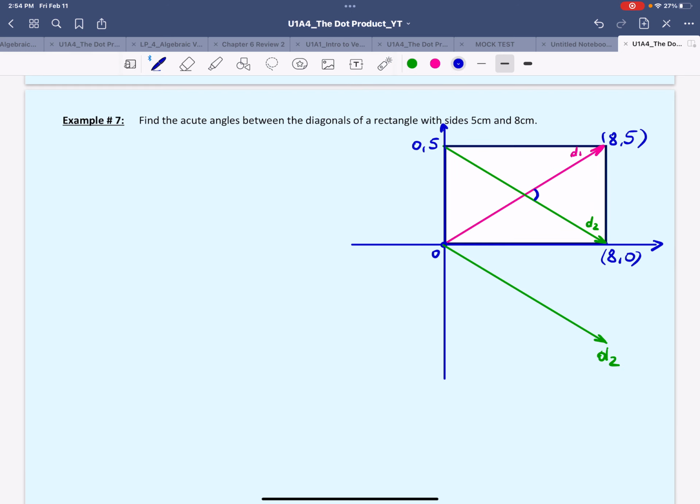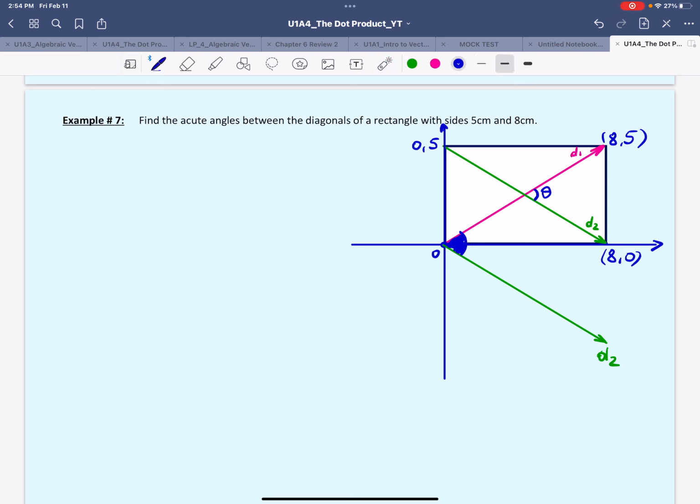Now they are placed tail to tail. So this angle theta, the acute angle that we're looking for, is the same as this angle theta. Why? Because these two are parallel to each other. It's the same vector. You translate a vector anywhere, and it stays parallel to itself.